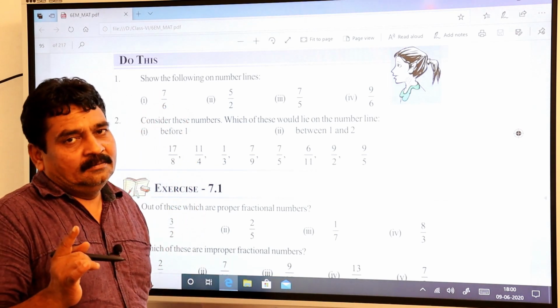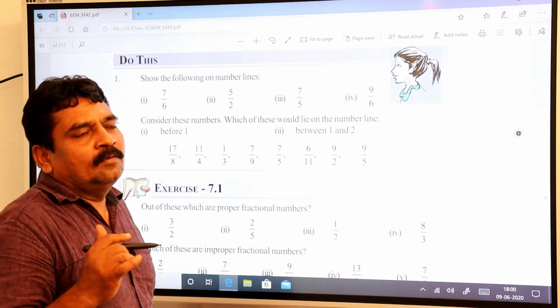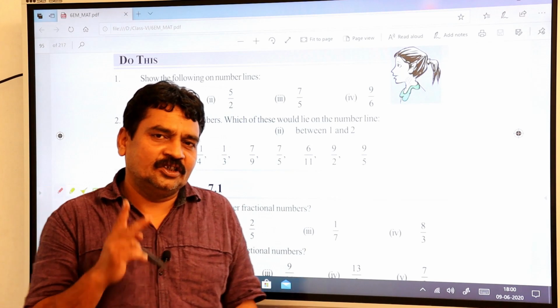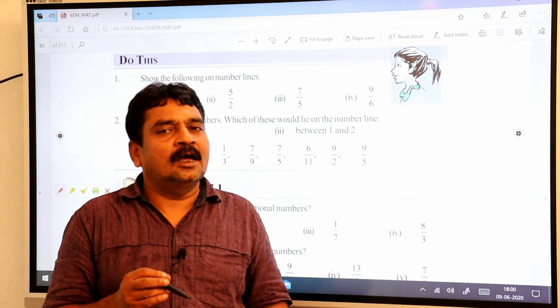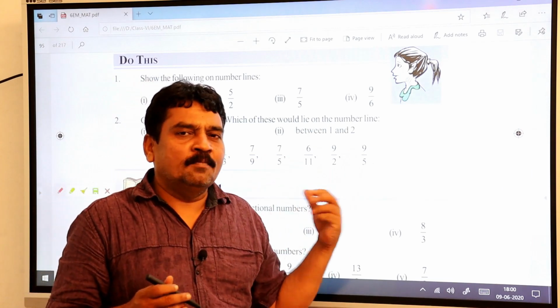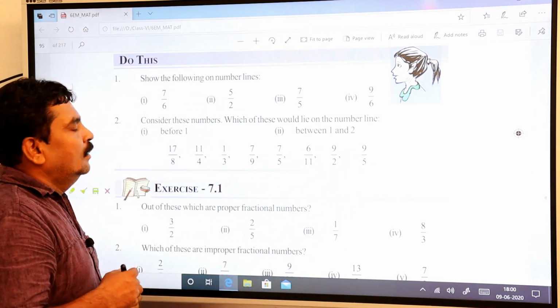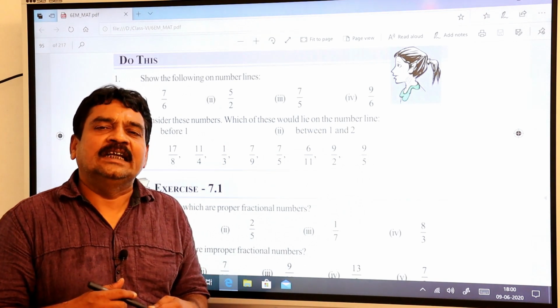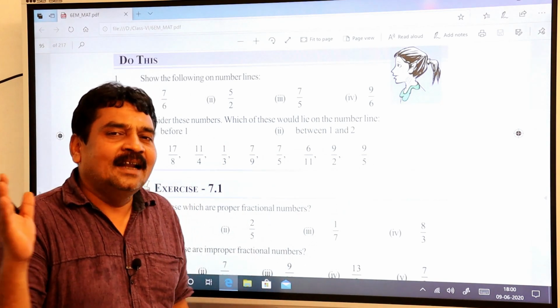Now remember, I have told you two different definitions for proper fractions and for improper fractions. Now I'll just prove it on the number line also. First, I told you what a proper fraction is. A proper fraction is the fraction which is less than 1.